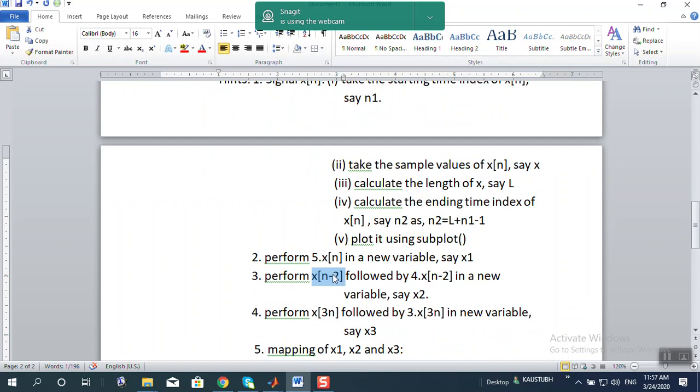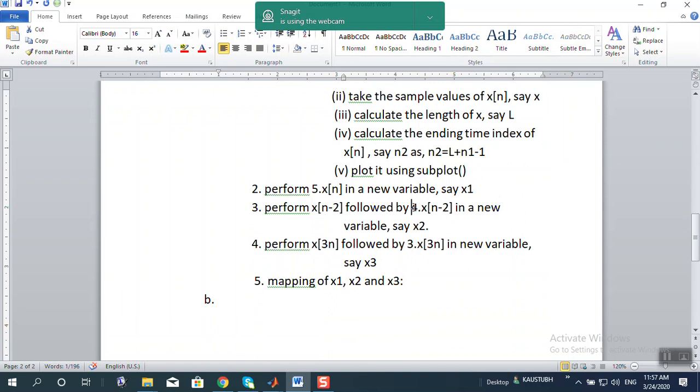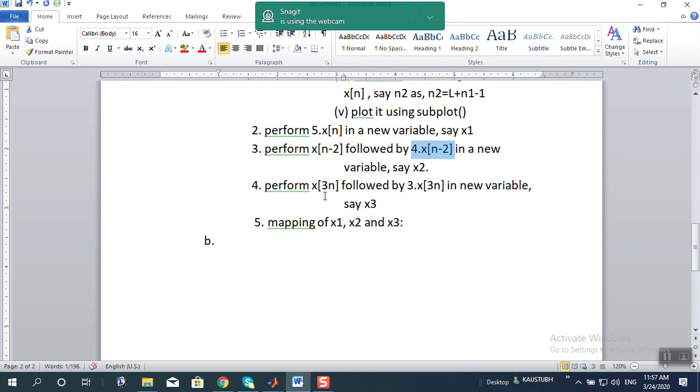Similarly, the scaling is a time operation, so the time information gets changed, but the amplitude-scaled result keeps the same time information.